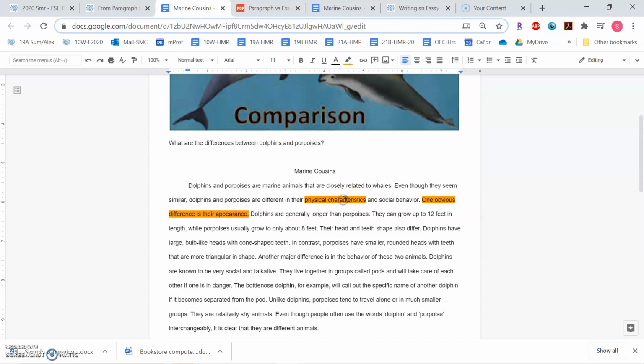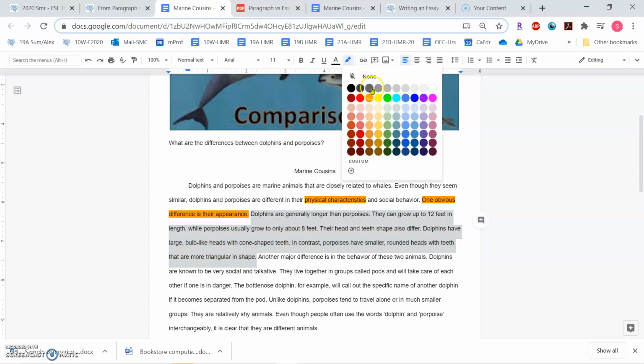So the focal point matches the first supporting point, the first sentence related to physical characteristics. Following that, you're going to have some support examples and details that are going to support the differences in physical appearance.